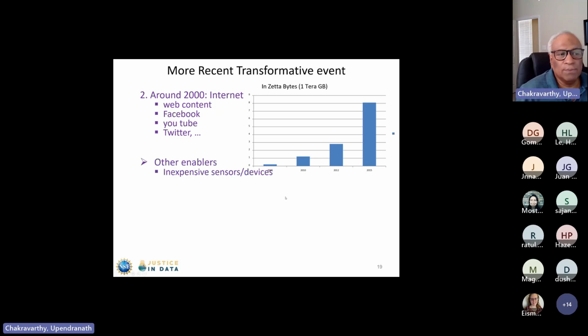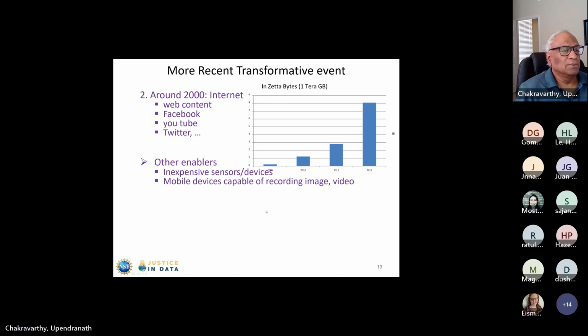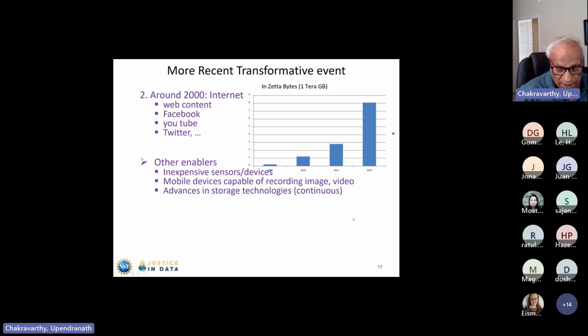So other enablers: inexpensive sensors and devices, mobile devices capable of recording image and video. Today, I'm not sure how much video is taken and whether anybody even bothers to look at it. Advances in storage, we'll come back to this later. If you create all this information, there's a need to store them. And storage technology, as we'll see, was very primitive, not very long ago.